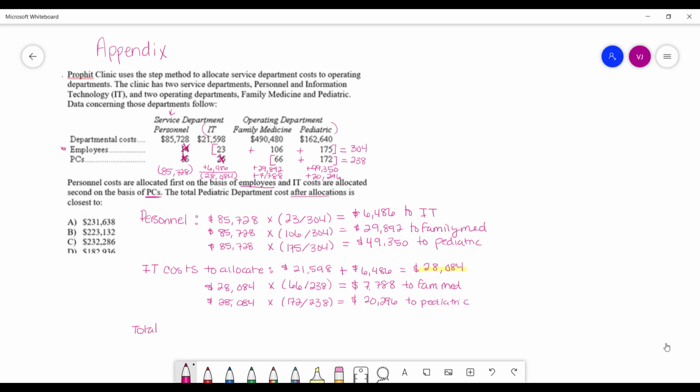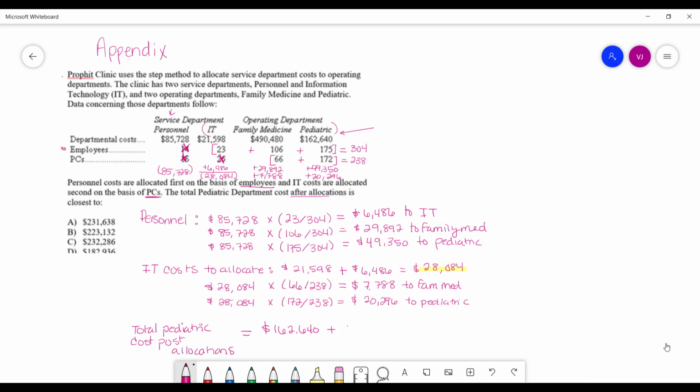Okay, well, the total pediatric cost post allocations would be as follows. How much pediatric cost did we start with? We started with $162,640, but then we added or allocated some costs to that department, made it responsible for some service department costs.